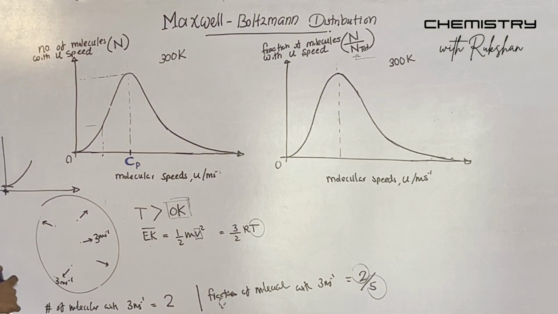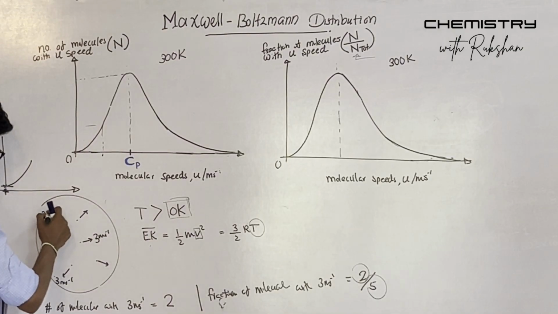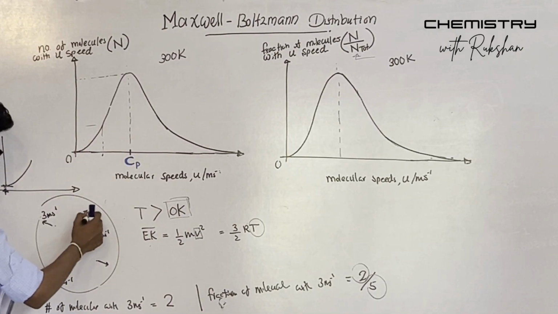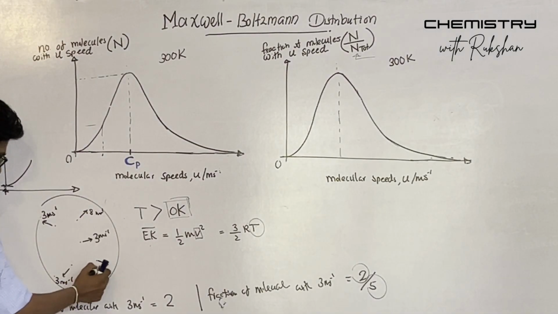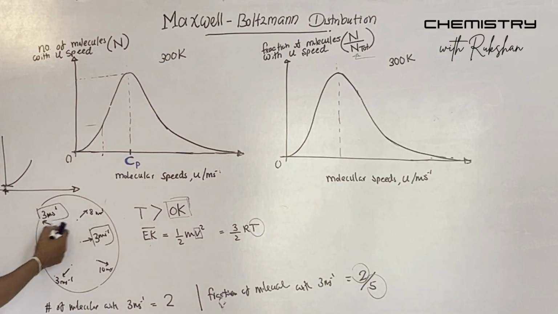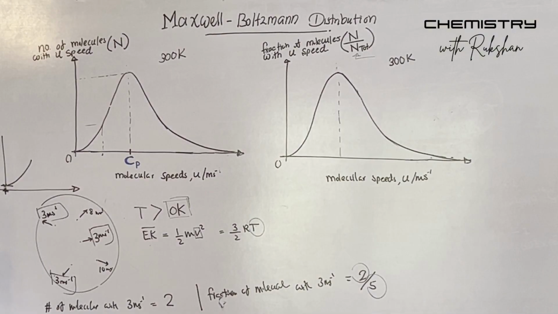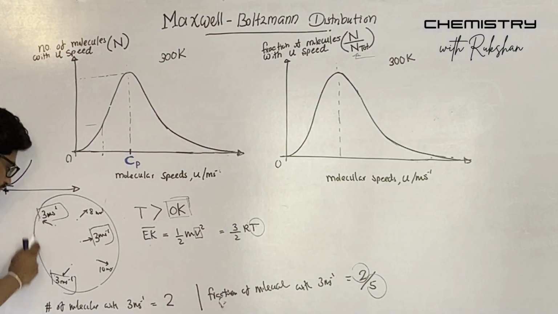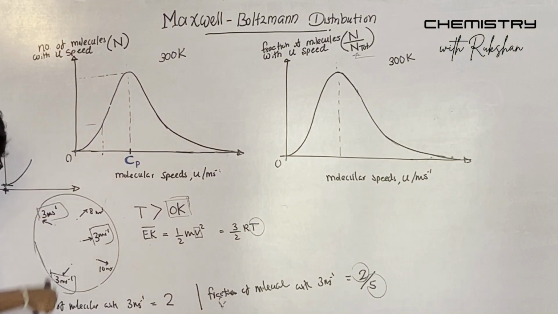It's like this. The idea is this. See, you have 3 molecules with 3 m s^-1, right? If you are to take a gas molecule randomly from here, what would be the maximum probability for the speed it has?